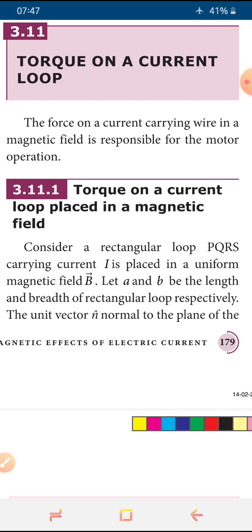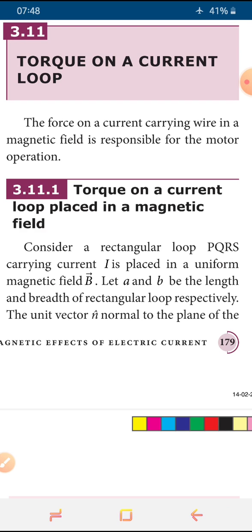The main thing in torque on a current loop is the force on a current carrying wire. ஒரு கரண்ட் ஃப்ளோ ஆகிட்டு இருக்க ஒயரில் ஃபோர்ஸ் கிரியேட் ஆகுது when the current carrying wire is placed in a magnetic field, and this principle is responsible for motor operation. நம்ம எலக்ட்ரிக் மோட்டார் வீட்டில் யூஸ் பண்ணுறோம்ல டு பம்ப் வாட்டர்.